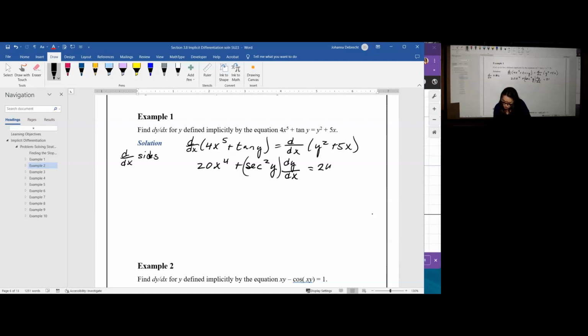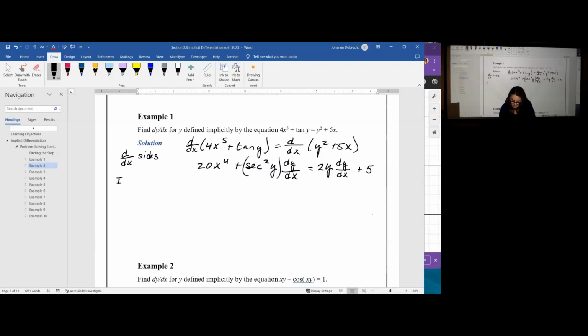So I get 2y to the first times the derivative of y, dy/dx. The derivative of 5x with respect to x is just 5. This is the first step: take the derivative with respect to x, or whatever the independent variable is, on both sides.